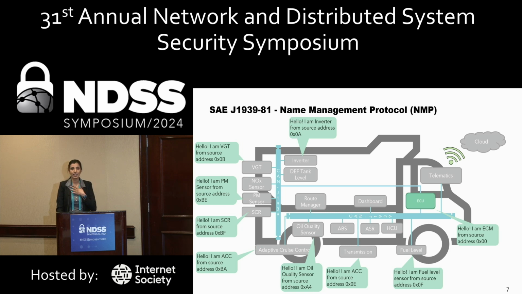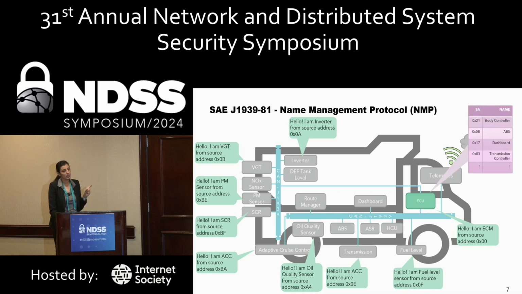So, say I'm the brake at source address X. The first message I would send out on the network would have my source address in the CAN ID field and the primary function in the data field as the name. Sometimes the devices also store a source address name association table reflecting the current status of various devices connected on the in-vehicle network.